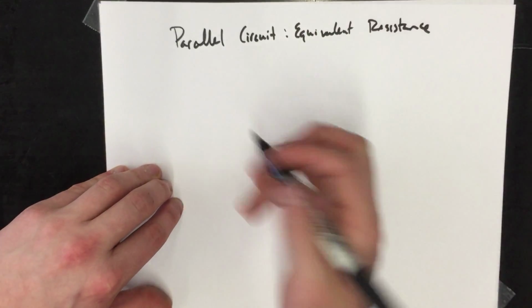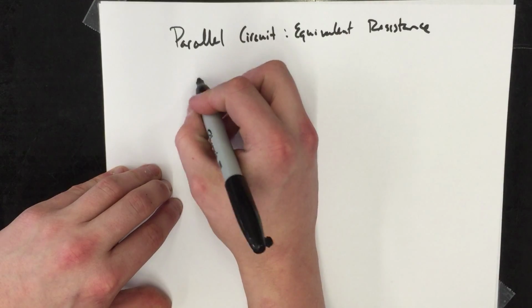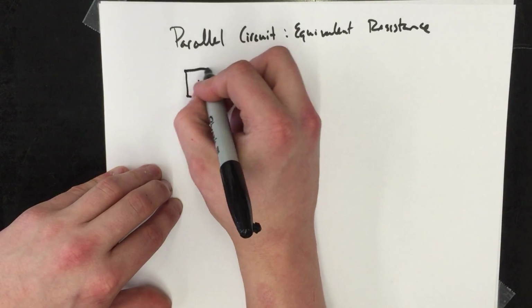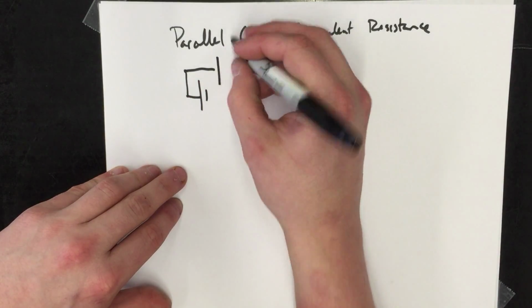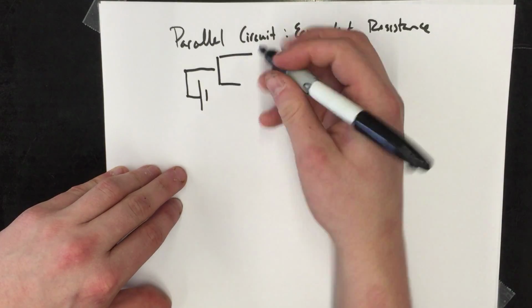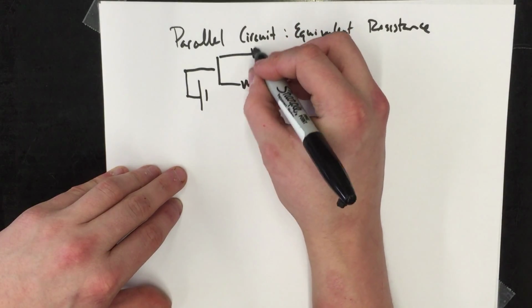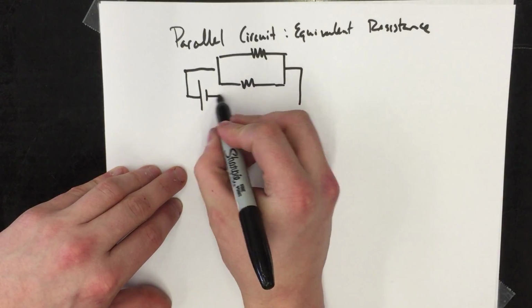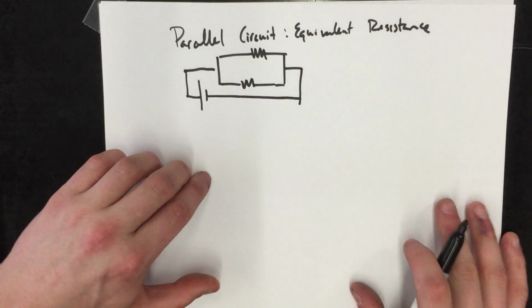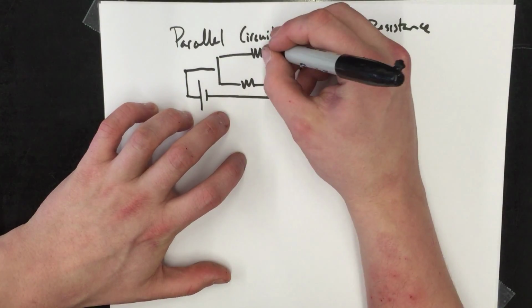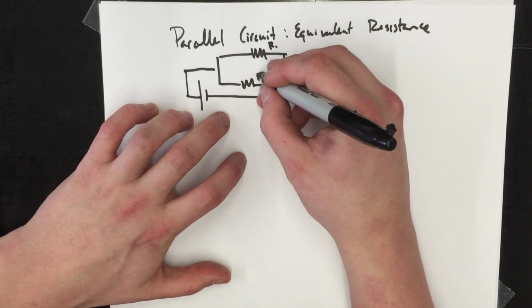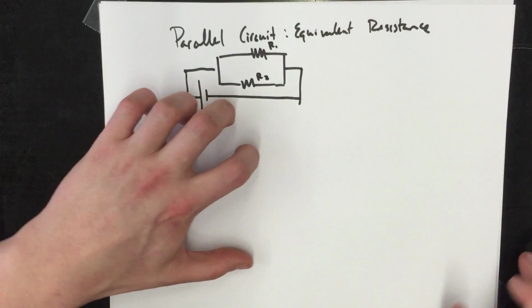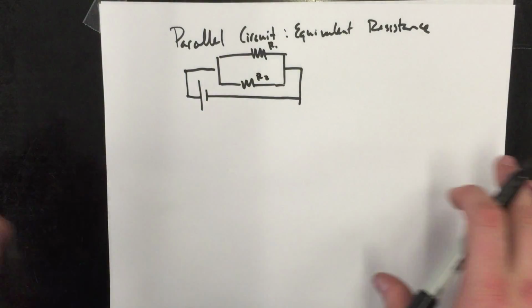So here we have, let's say, our battery, and we have a split. There's a resistor here and a resistor here. Then they meet back up, and then they meet back to the battery. Okay, this is R1, that's R2. Actually, I want to cut this. I'll talk about this in a different video.